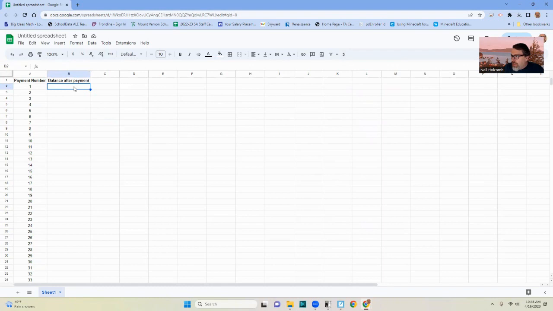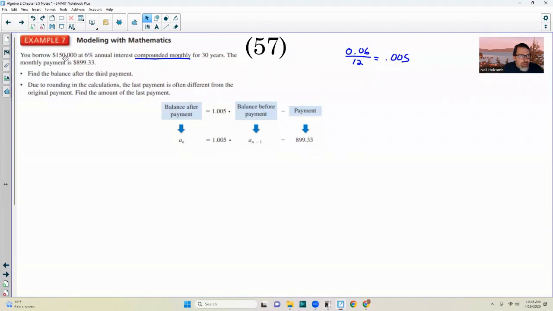So let's try that. So what is my rule? Well, it's 1.005 times, and let me go back to my sheet here, our initial balance, $150,000.